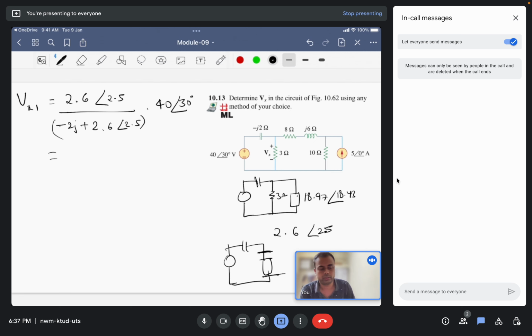So this will be the voltage from the voltage source at 3 ohm resistor. So let us simplify this again. 2.6 angle is 2.5 multiplied by 40 angle 30, divided by the sum, that is minus 2j plus 2.6 angle is 2.5.